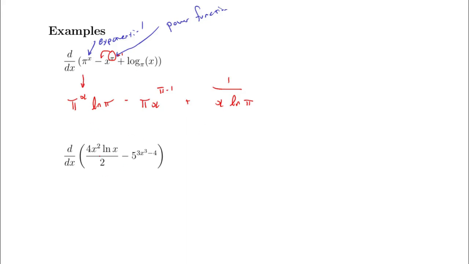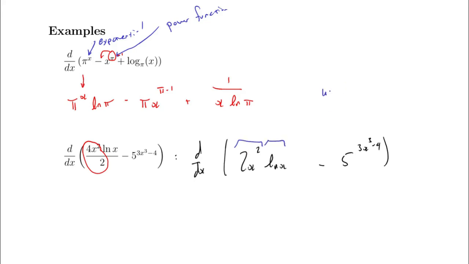For this next one, what you'll notice is that we're going to have to do some product rule, right? I'm going to peel this part off and say this is really just a badly written version of 2x squared natural log x minus 5 raised to the 3x cubed minus 4. So for this first one, I'm going to do some product rule here.